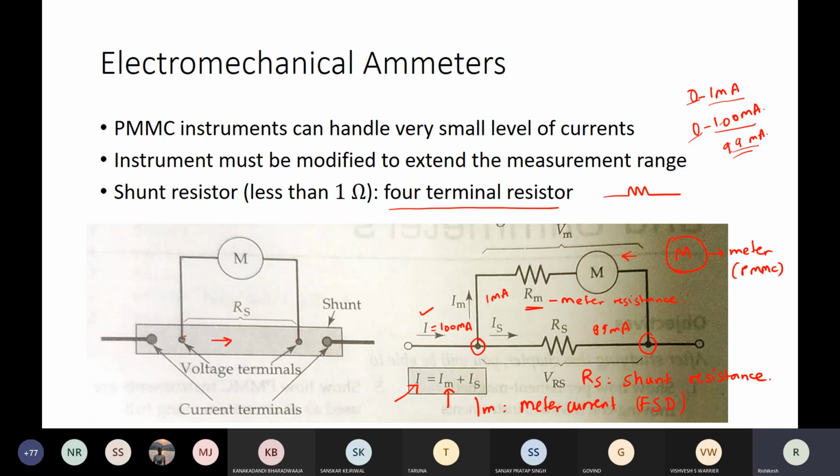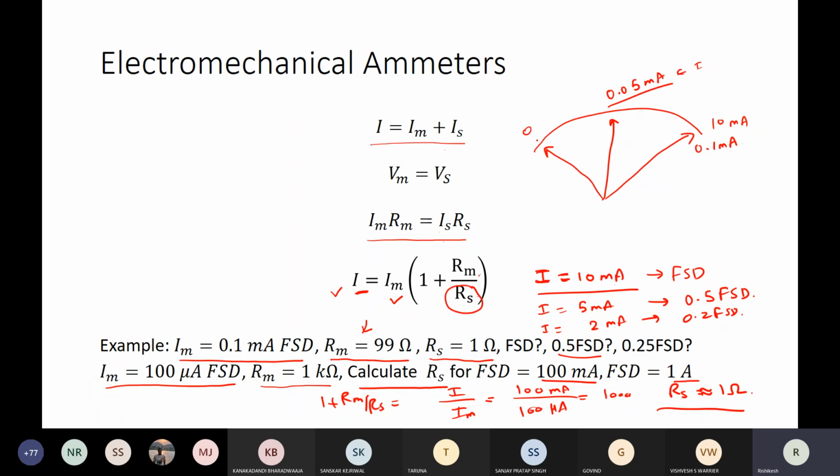The current which you are measuring will be in the circuit, connected through the current terminals.